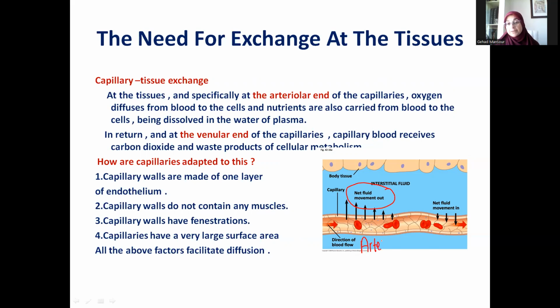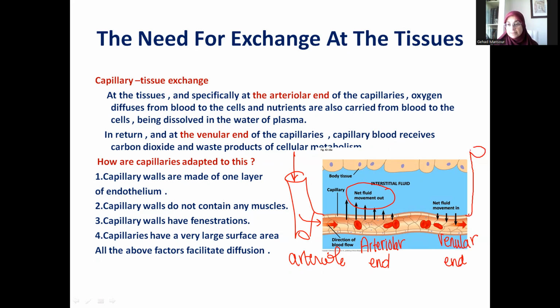We have just said that every blood capillary has an arteriolar end that is connected to an arteriole. So the blood is coming towards the arteriole and then into the capillary, and has a venular end where blood has gradually become deoxygenated, and that is connected to a bigger venule that carries blood back to the heart.